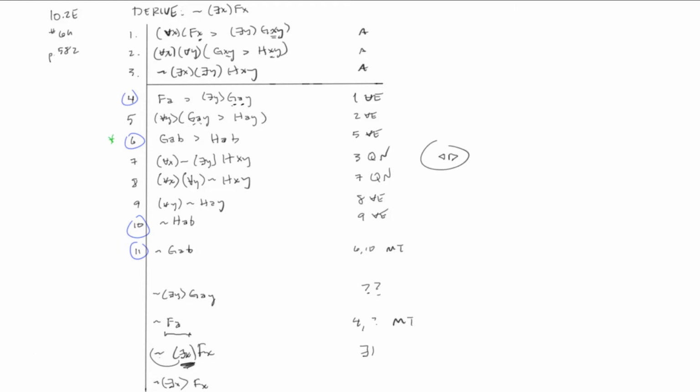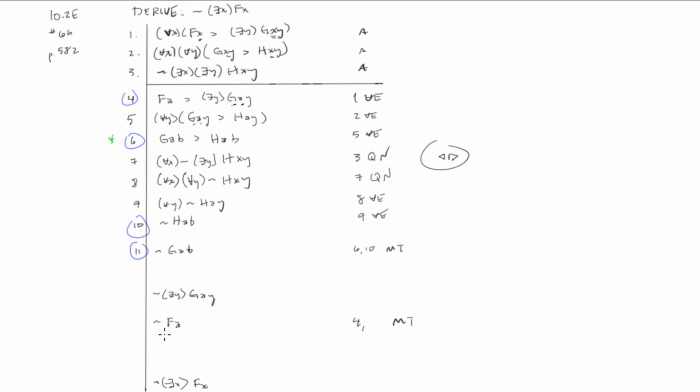So existential introduction is a good thing to think of because, after all, what we're after, if you look down there at the target sentence, is an existential generalization. It has an existential quantifier. But existential quantifiers can come into a proof in more ways than one, right? So how are we going to do this?